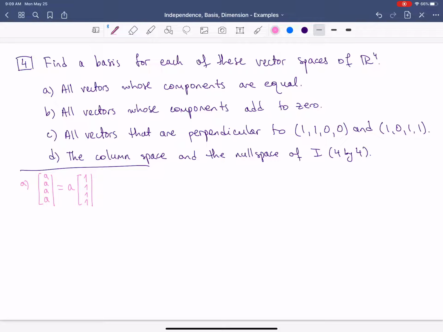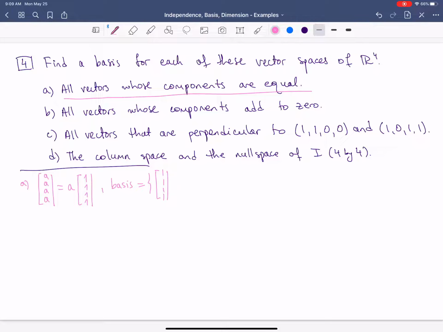So you see, I can express any vector in this space, the space of all vectors whose components are equal, as a multiple of the vector 1, 1, 1, 1. So a basis in this case would be simply the vector 1, 1, 1, 1.